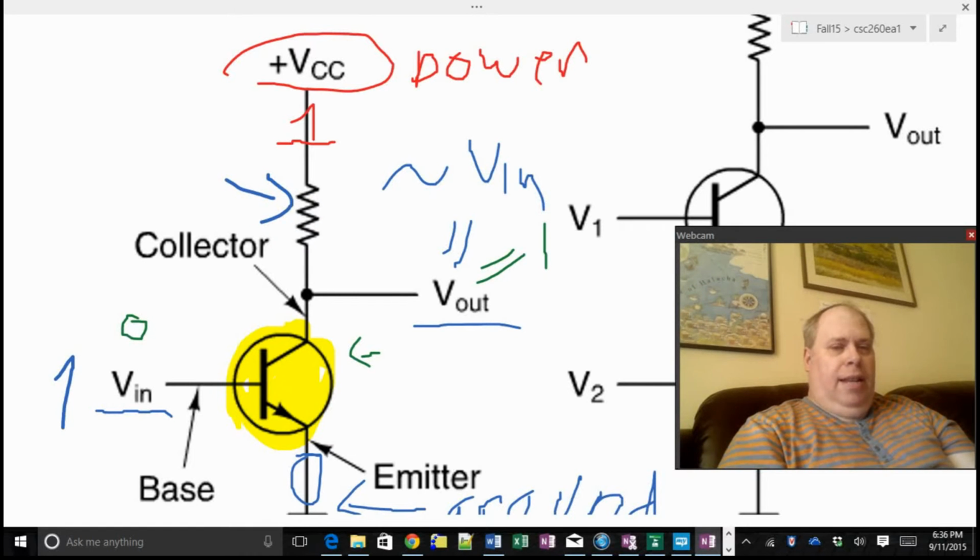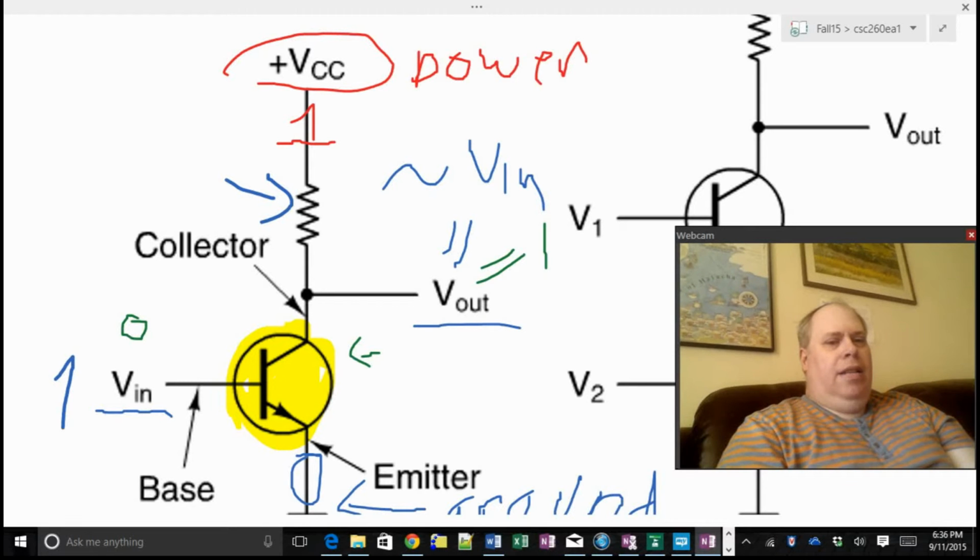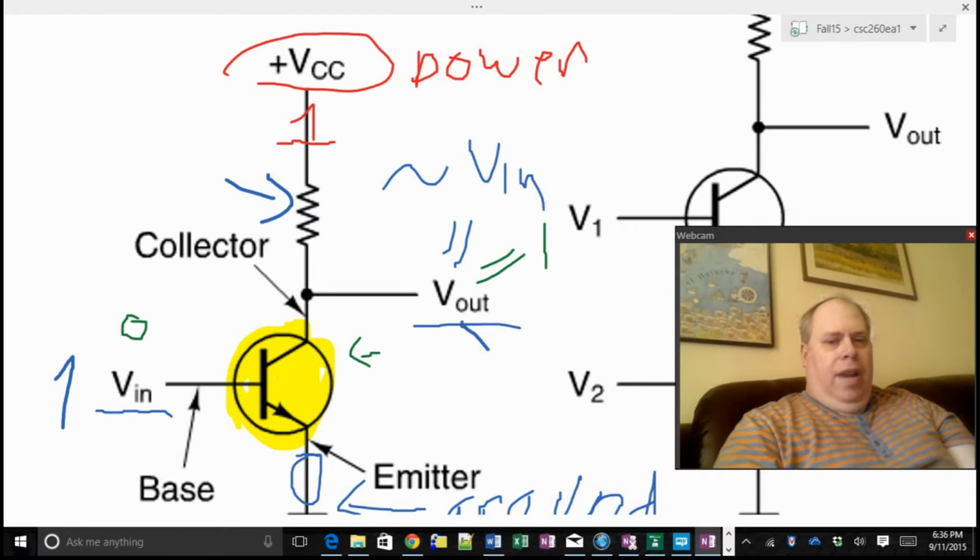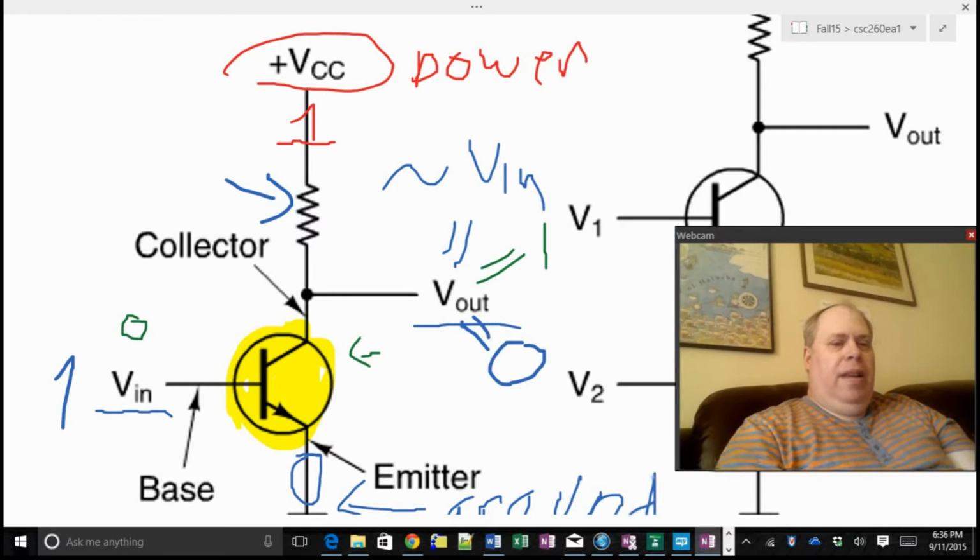That zigzag line is a resistor. The connection to the 0 is a lot stronger, so V out will actually end up as 0. So when V in is 0, V out is 1 in green. When V in is 1, V out is 0 in blue.